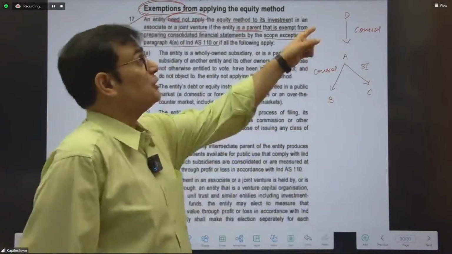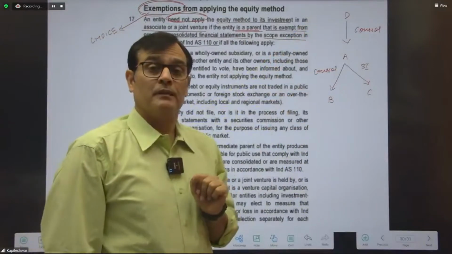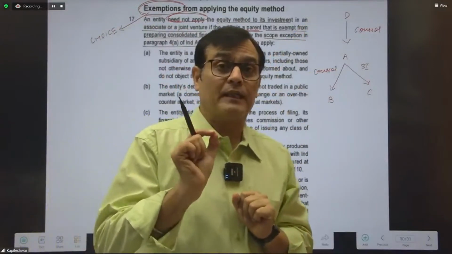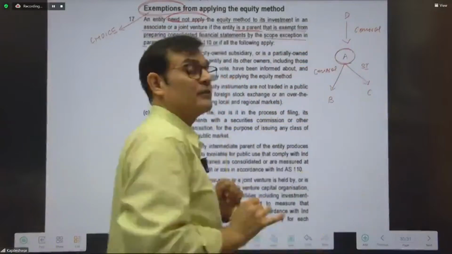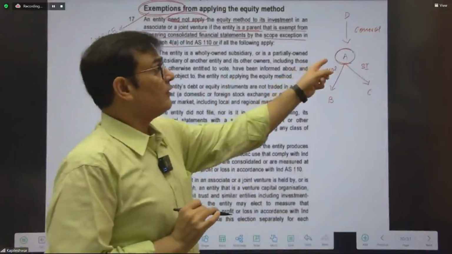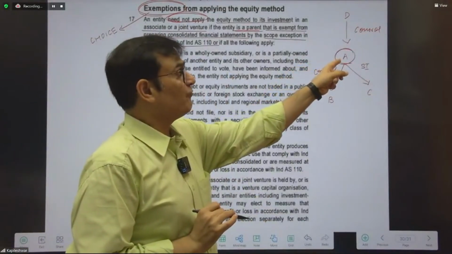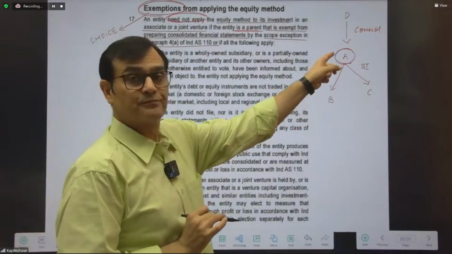That's the reason I've taken a chain right now. Because para number 4A would be applicable towards A when it is a middle company, a part of the chain. So A got an exemption under para 4A of Ind AS 110.